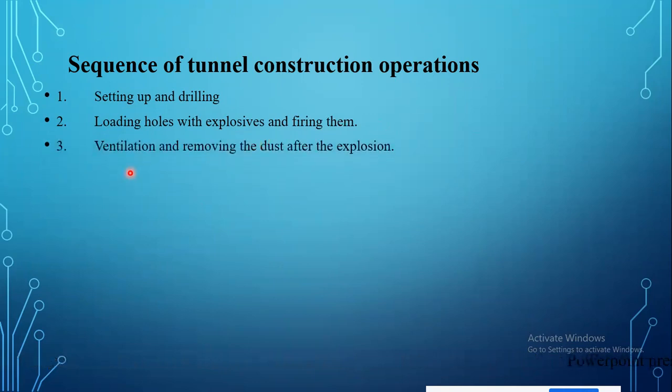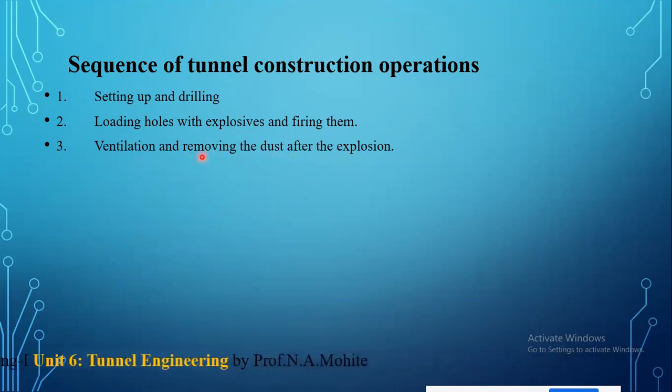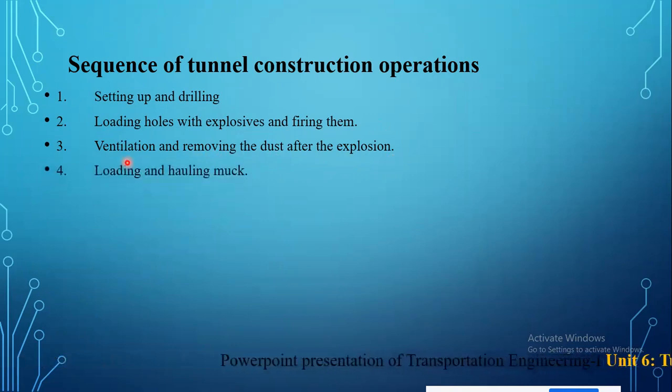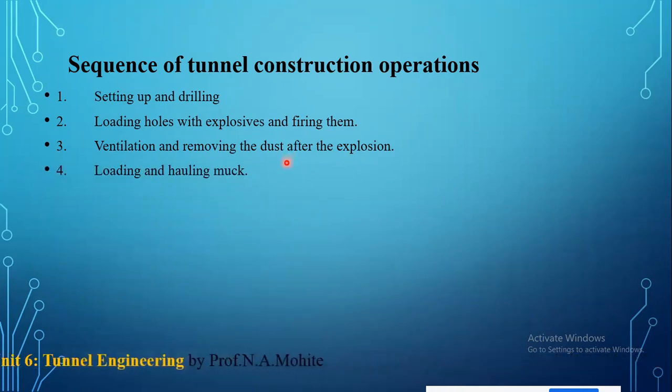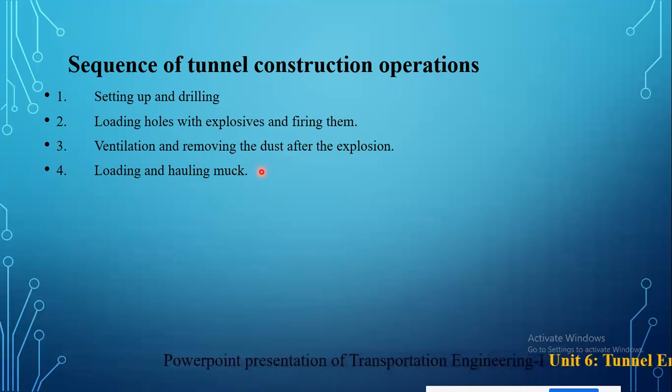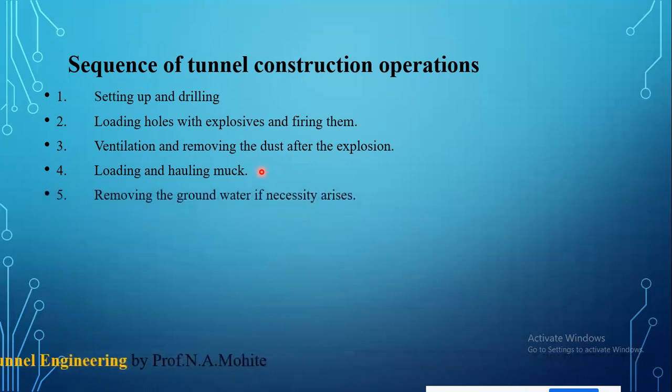Then ventilation is provided to remove the dust formed after the explosion. Then loading and hauling muck is done: all the rocks that have fallen down are taken outside. Then if there is any groundwater, you are supposed to remove it.